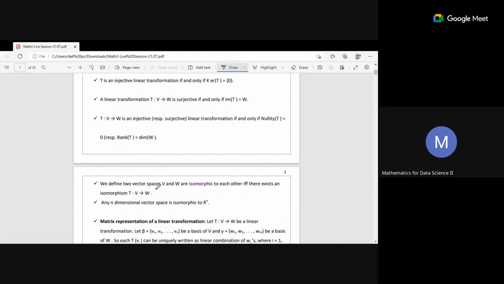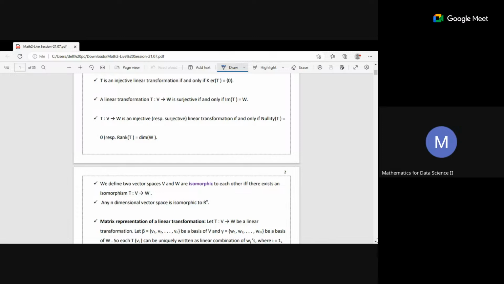Okay. So an important result we saw here is that you take any n-dimensional vector space, whether it is a matrix space or a subspace of the Euclidean space, if it has dimension n, then you know that it is isomorphic to Rn. Okay. So we saw several examples for this.